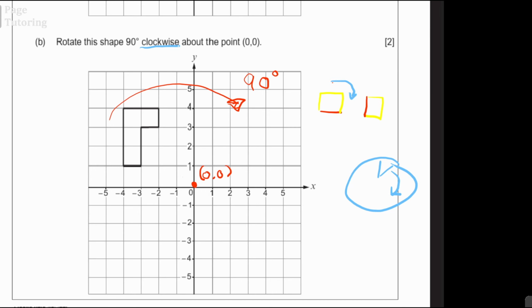So now imagine what's going to happen to each one of these points. As we're rotating, this distance here is going to stay the same. That distance is going to stay the same for each one of these points, because all it's doing is rotating, it's not moving away from the center.